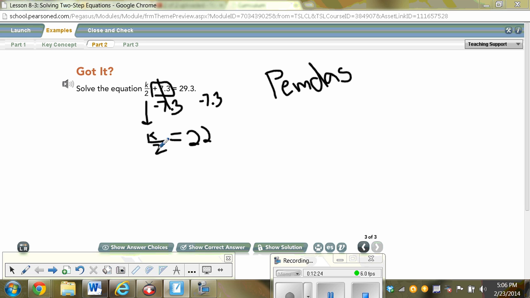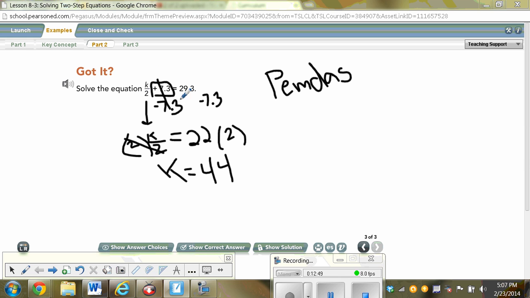This becomes just k, or 1k, but again, we don't like to write more than we have to, equals 44. We used the different properties, the addition or subtraction property of equality, the multiplication property of equality, the division property of equality, where we were allowed to undo these.